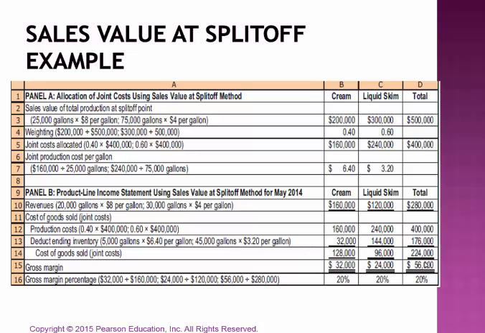So if we know at the split-off point what we can sell these items for, then we should use the sales value at the split-off point. This is a very simple method. The others, on the other hand, can become quite complex.